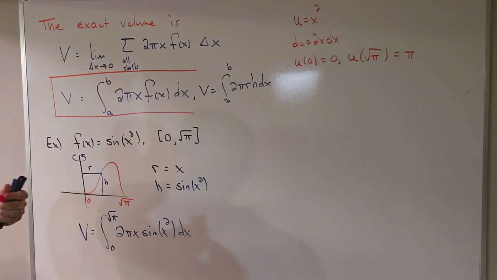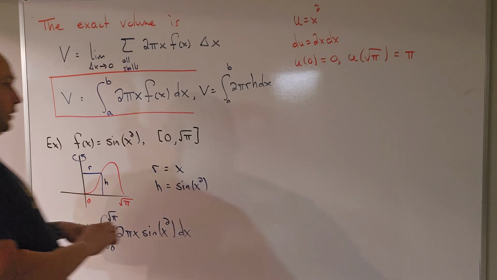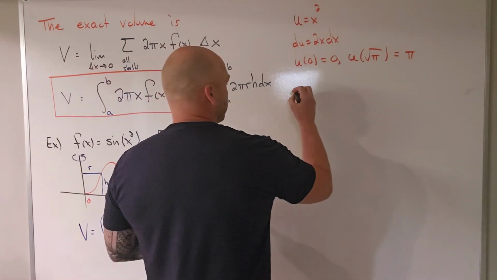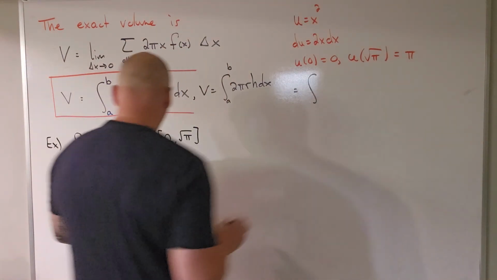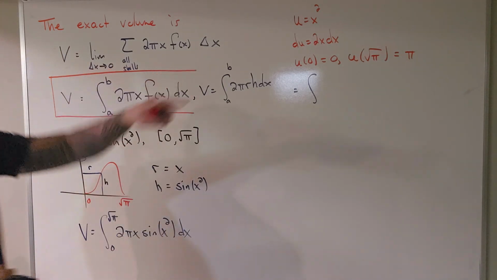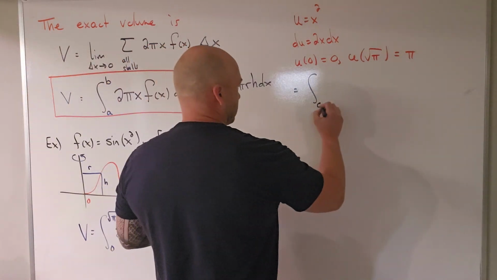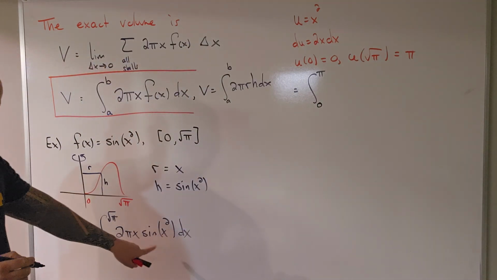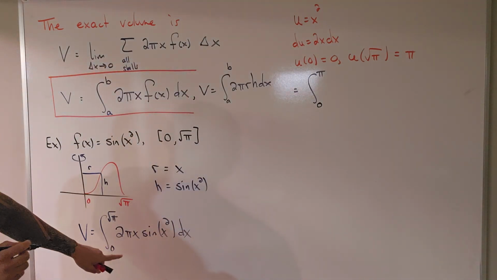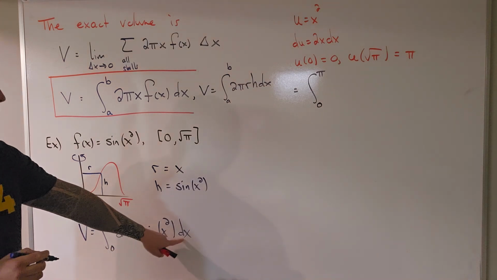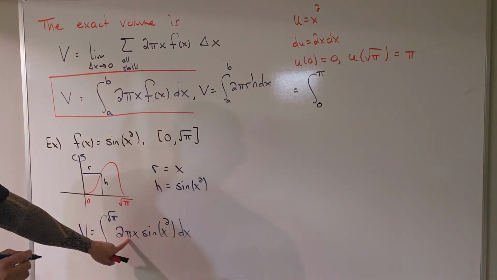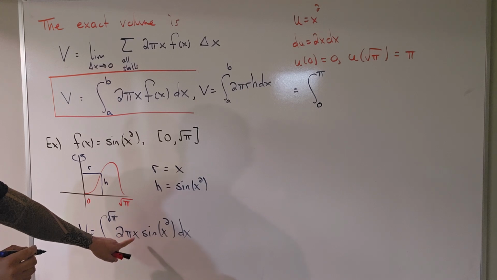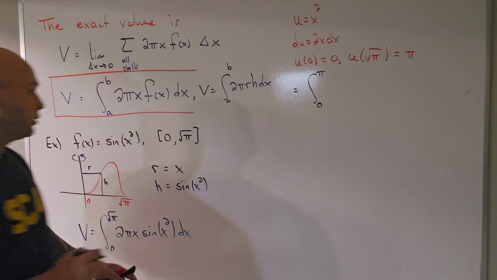Okay, therefore this integral that we started with is now equal to the integral from 0 to pi, and I've got 2 pi x sine of x squared dx, 2x dx is du, pi remains, and therefore my integral will be pi sine of u du.